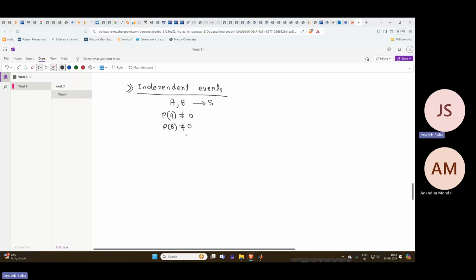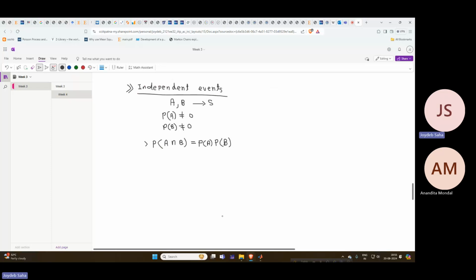Now if A and B are two independent events, then there are some properties. What are those? Let's write. Then probability of A intersection B will be probability of A into probability of B. Okay.